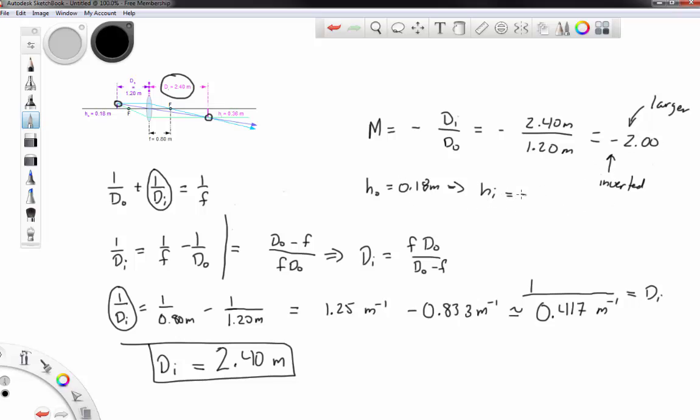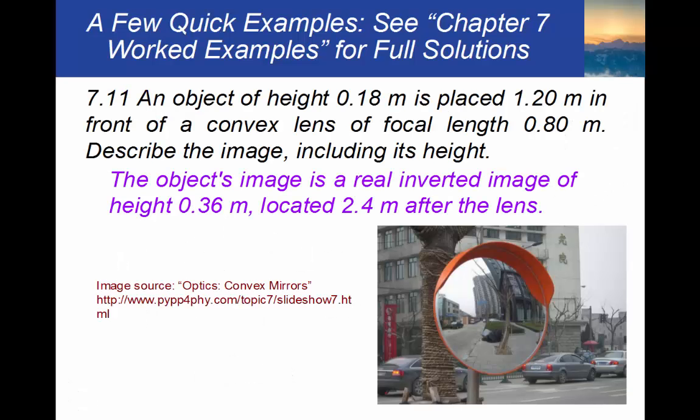So the height of the image is actually going to be negative 0.36 meters. Again, that negative number for the height just means that it's going to be upside down, inverted. And we found that it's located 2.4 meters after the lens, and since it's on the back side of the lens, since rays really do converge there, this is a real image.